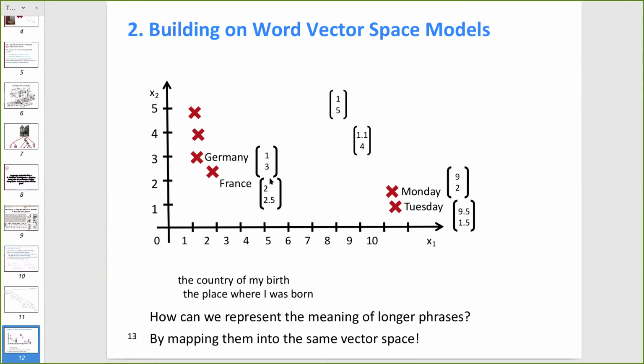So this is good for words, but how can we get such representations for something bigger than words, like phrases and longer phrases? What if we want to represent something like "the country of my birth"? That's a sentence, and we want a representation for that. Or another example sentence like "the place where I was born".